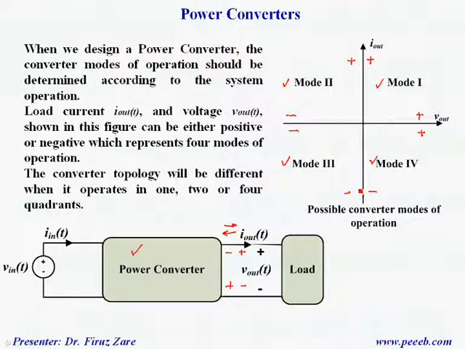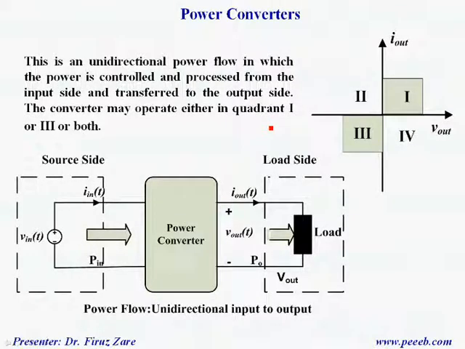So basically the converter topology will be different when it operates in 1, 2 or 4 quadrants. That means the power switches in this power converter should be determined based on this power flow. This is a unidirectional power flow in which the power is controlled and processed from the input side and transferred to the output.